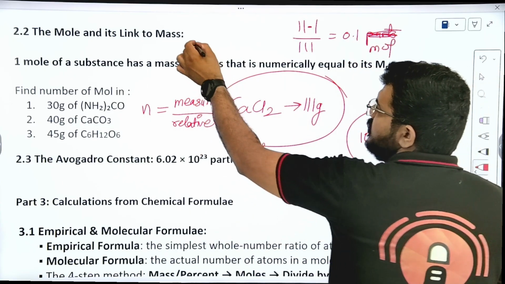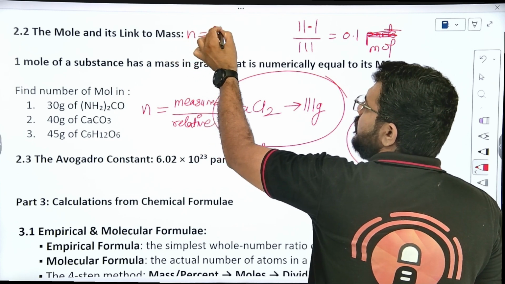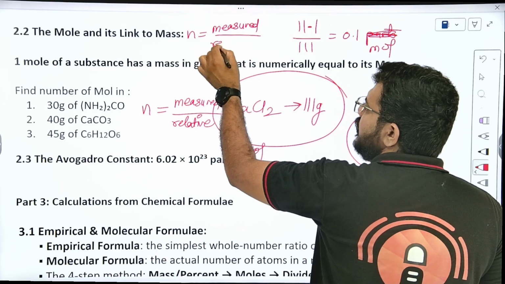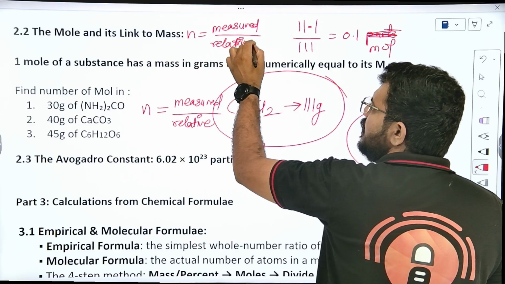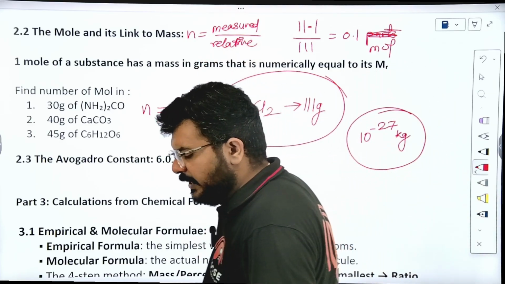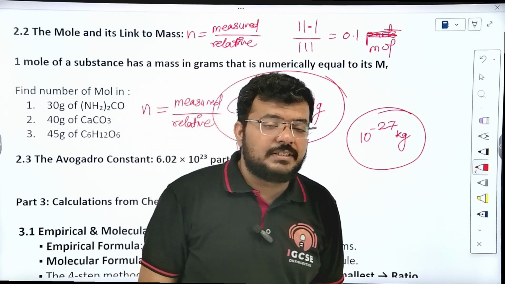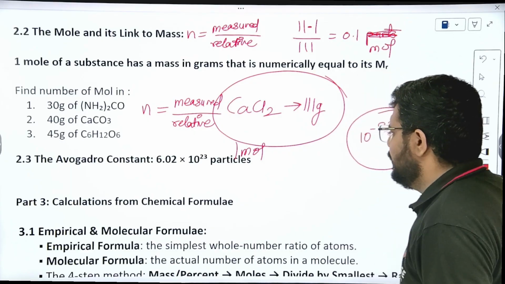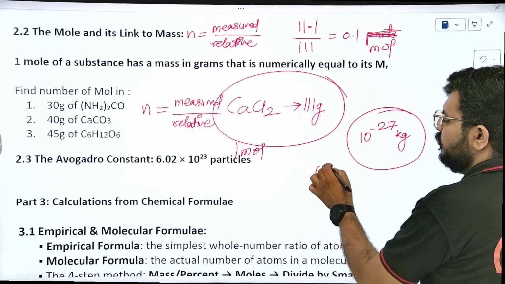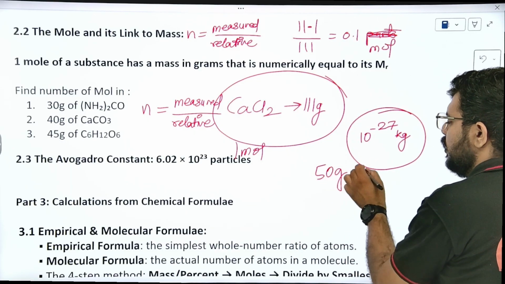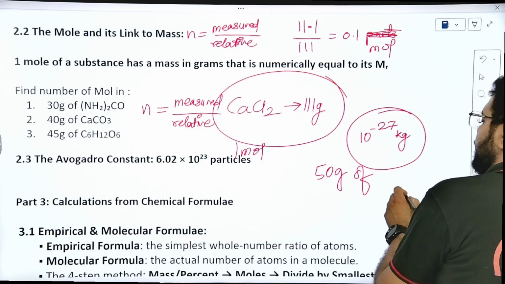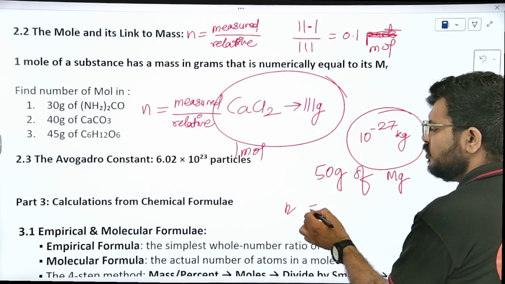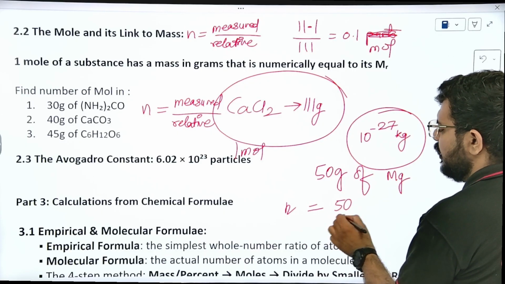Okay, so what is mole again? Mole is measured mass upon relative mass. That relative mass can be any of the following: relative atomic mass, relative molecular mass, or relative formula mass. For that matter, if I have 50 grams of let's say magnesium, okay, then the number of moles of magnesium I have is 50 upon 23.